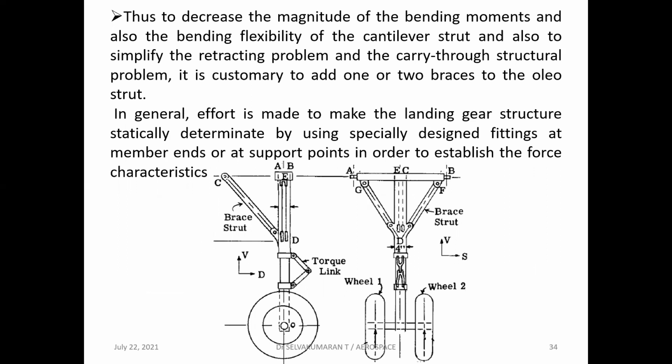In general, the effort is made to make the landing gear structure statically determinate by using specially designed fittings at member ends or at support points in order to establish the force characteristics. So here the figure shows the landing gear, the front view and side view, okay, with brace strut and torque link with the wheels.